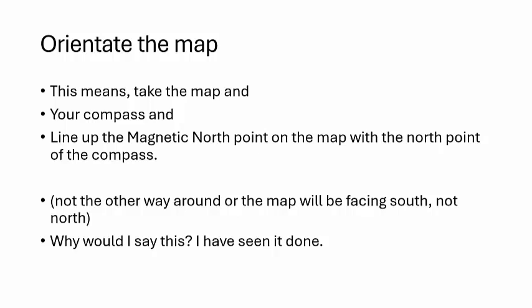So you make sure that the magnetic north point on your map is either overlaid or runs parallel to the magnetic direction as indicated by a compass. Make sure that the pointy bit of the arrow on the compass that has an N on it is facing in the same direction as the pointy bit on the map with the N on it, or the arrow on it. And why do I say this?